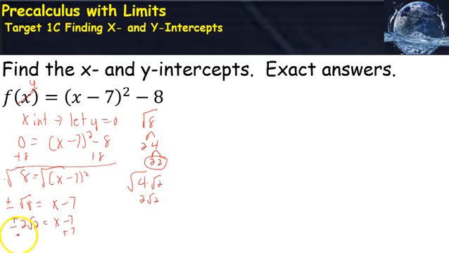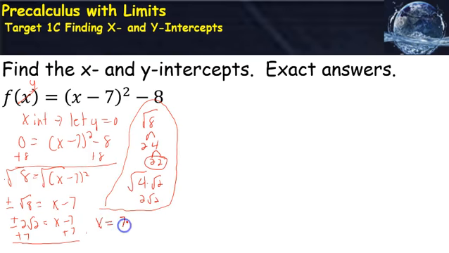So I'm going to add 7 to both sides, and I get x equals 7 plus or minus 2 root 2. So my roots are (7 plus 2 root 2, 0) and (7 minus 2 root 2, 0).